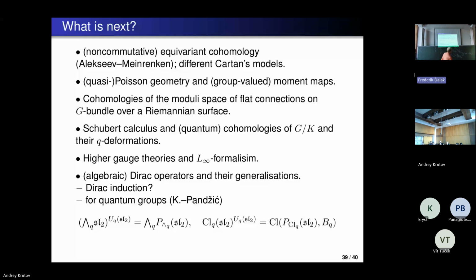And then you can construct some quantized Clifford algebra of this body, and then take the graded version of this. Like you said, we can graph for the two forms.